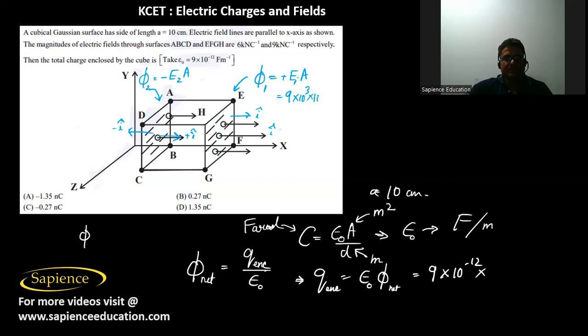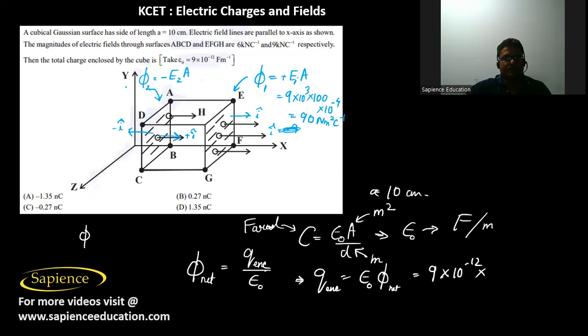So it is 100 centimeter square. 1 centimeter square is 10 power minus 4 meter square. So this will be equal to 90 newton meter square per coulomb.